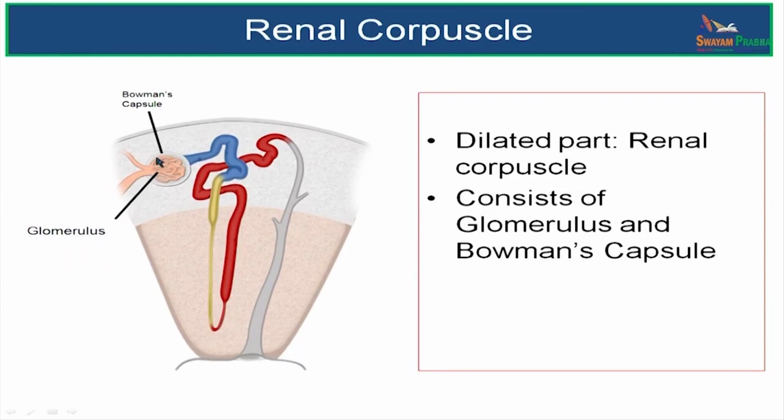The renal corpuscle has again two parts: glomerulus, which is a tuft of capillaries, and outermost is the Bowman's capsule.